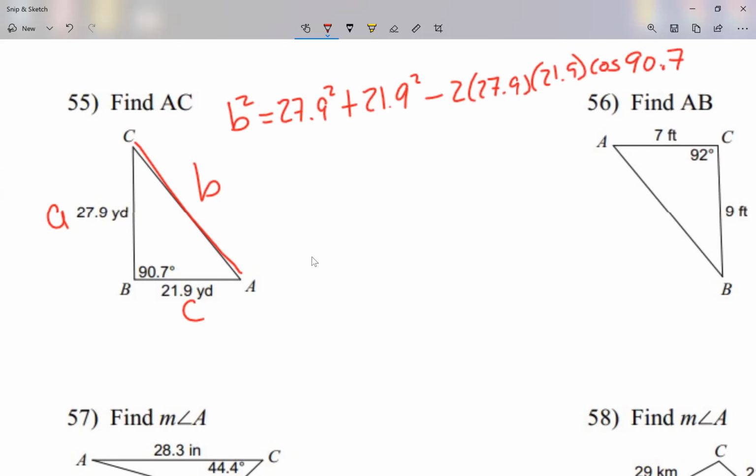Right, B squared is equal to A squared plus C squared minus 2 times A times C times cosine of angle B. All right, let me type all that in.